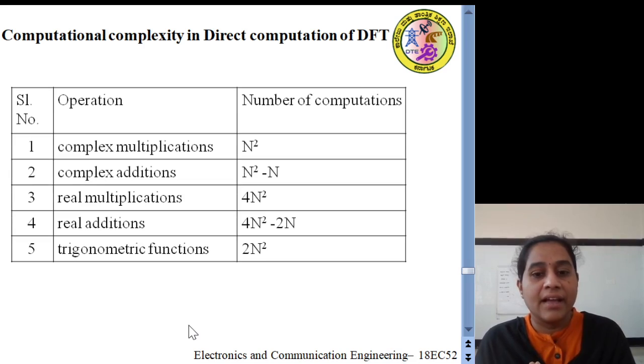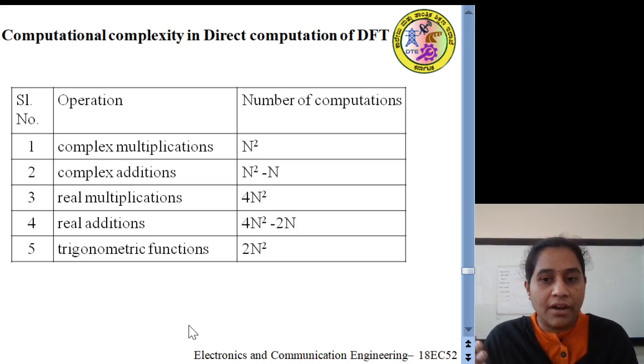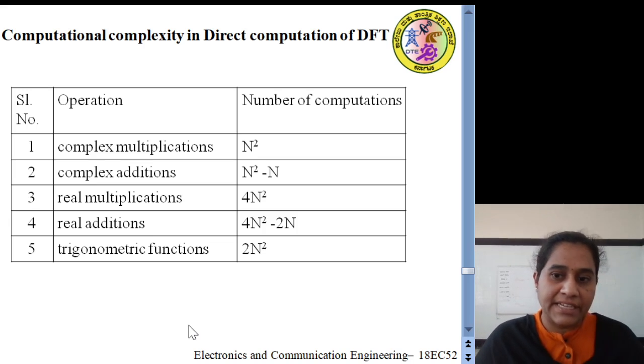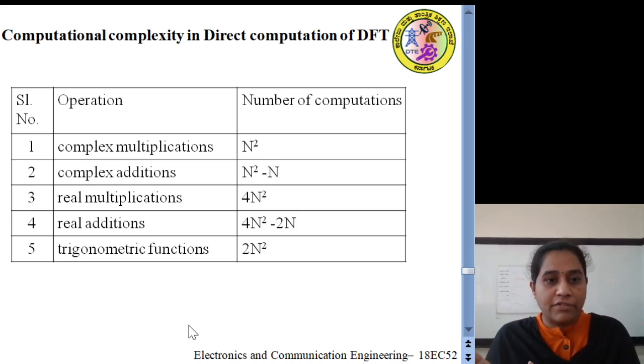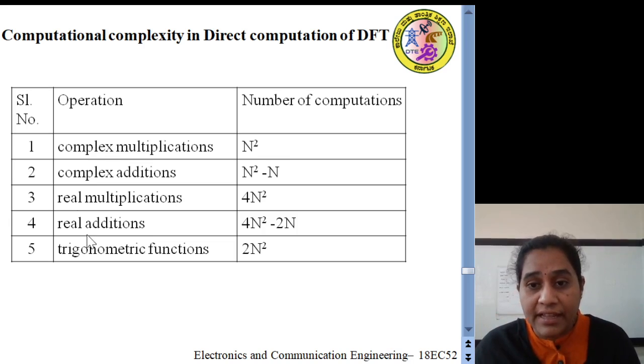Summarizing, let's have the operations involved as well as the number of computations. First one is complex multiplications, that's n square. So there are n square complex multiplications for finding n point DFT. Similarly, complex additions are n square minus n.